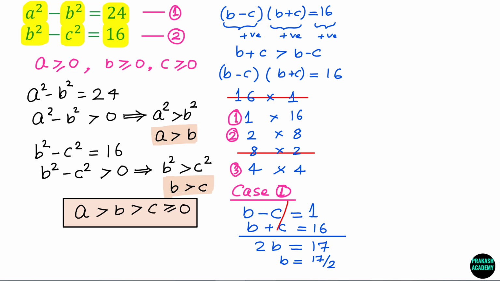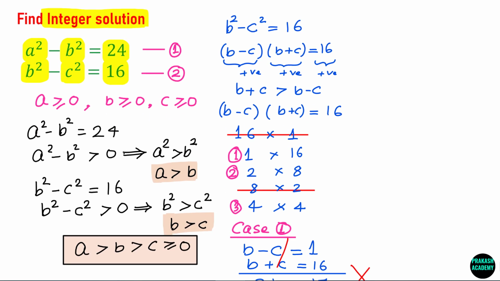But in the question it is given that a, b, c are integers, so you have to find integer solutions. So this case is rejected. This is not an acceptable case. Now let us discuss the second case, case 2.